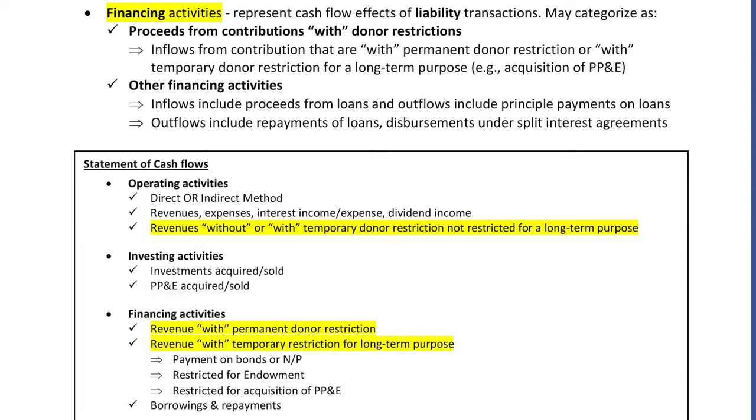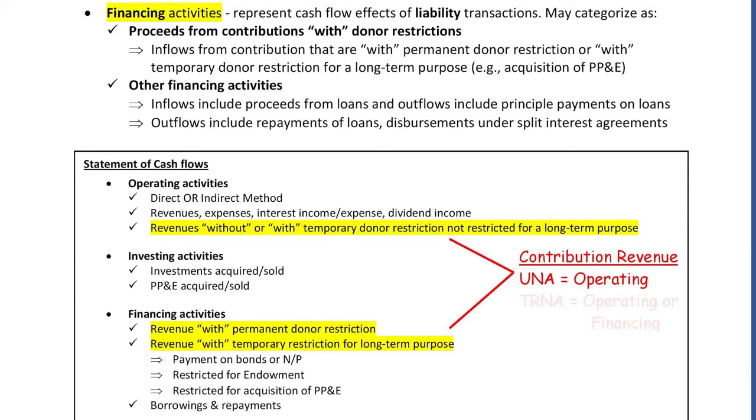Let's connect both of these and write contribution revenue. If it's UNA, that's revenue resulting in an increase in unrestricted net assets, that's always operating cash flows. However, if the contribution revenue is an increase in TRNA, it could be either operating or financing cash flow.